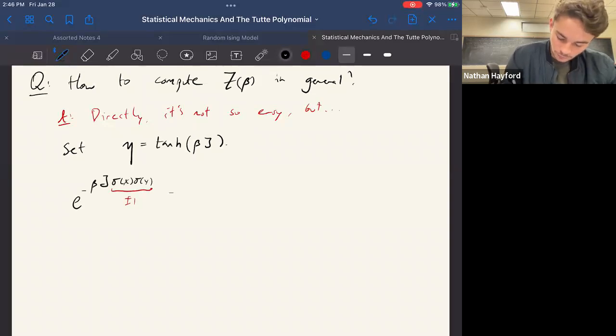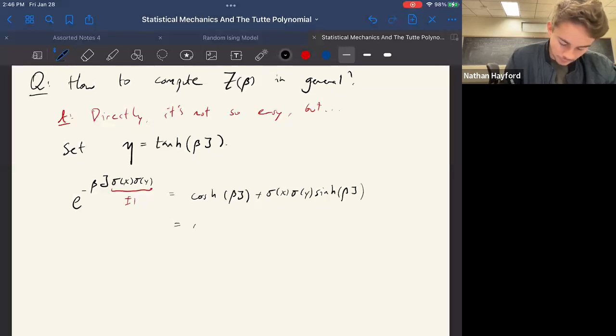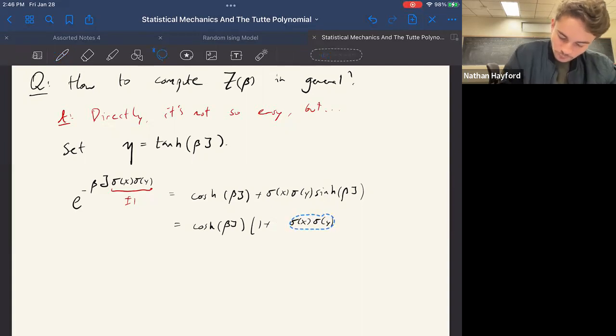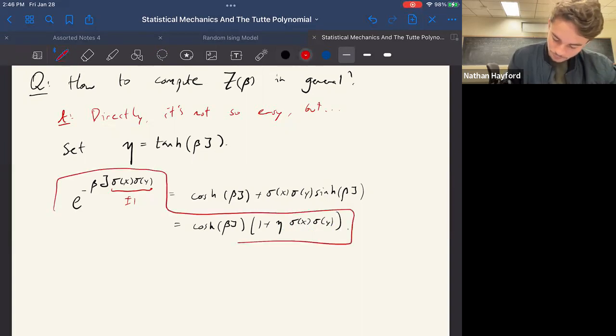I can always write it as one thing: cosh beta j plus sigma x sigma y sinh beta j, which is the same thing as cosh beta j times 1 plus sigma x sigma y times eta. So there's a nice identity for us. This is equal to that.